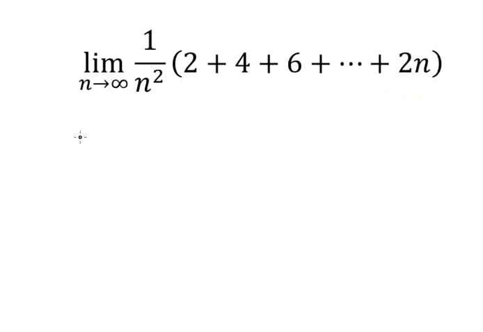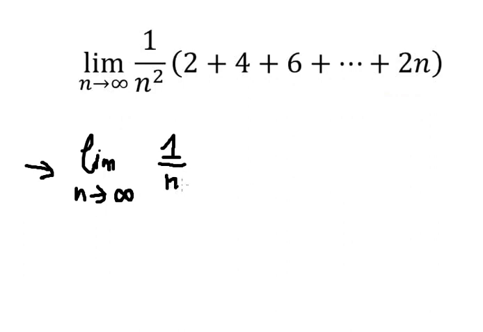So now I want to show you how to answer about this one. I will put n square into 1 over n and 1 over n. This one we keep the same.